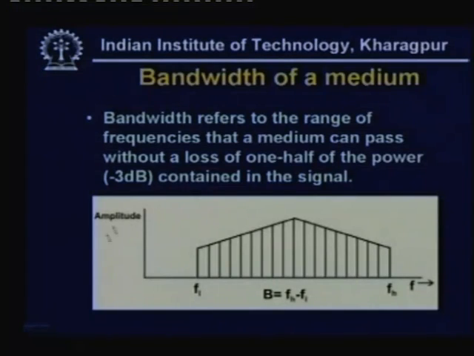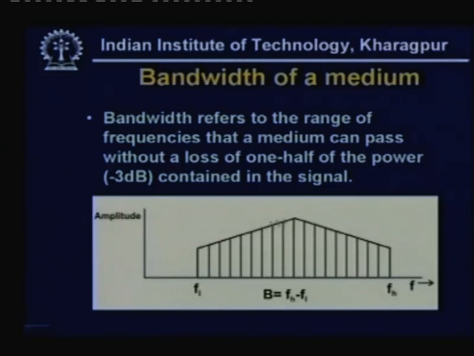For example, in this case, this is the amplitude, and that reflects essentially the attenuation or gain. So here we find that the attenuation is less in this part, and on both sides there is higher attenuation.